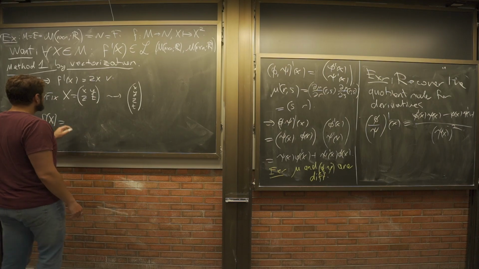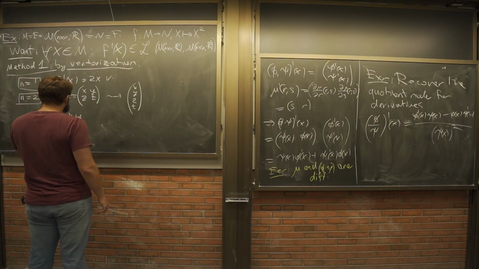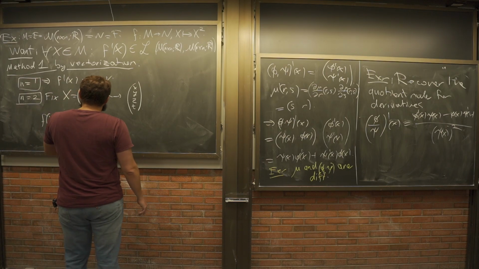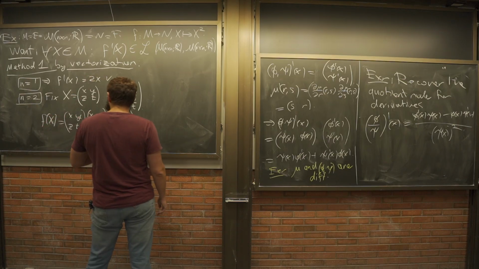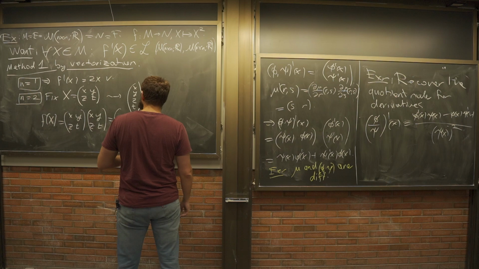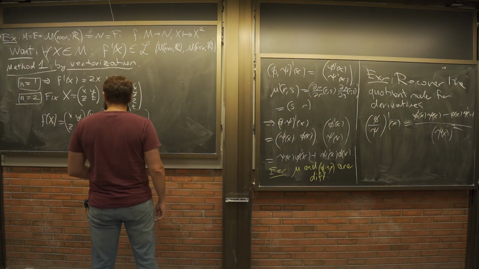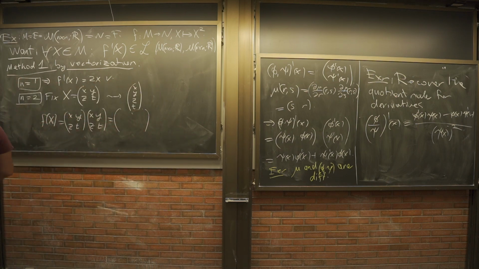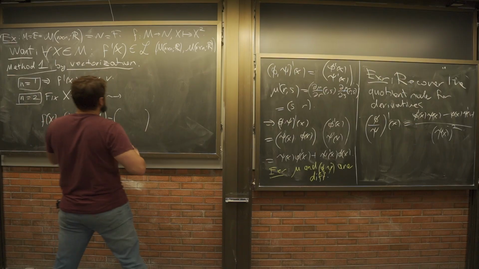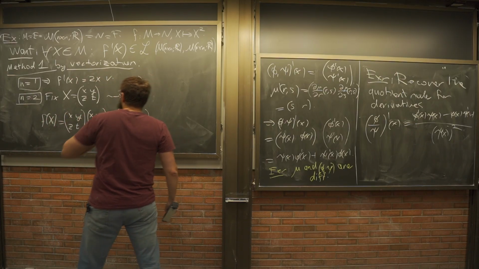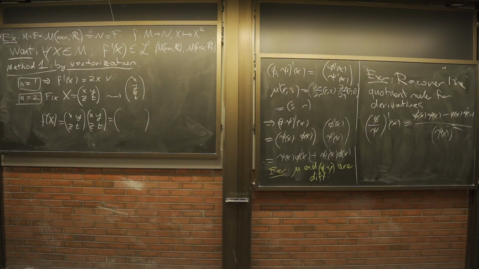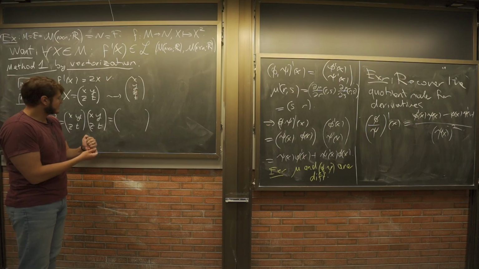So we need to compute this: the matrix x, y, z, t times x, y, z, t. Again, this is going to be a 2 by 2. You would benefit the most if you're following the calculations with me.